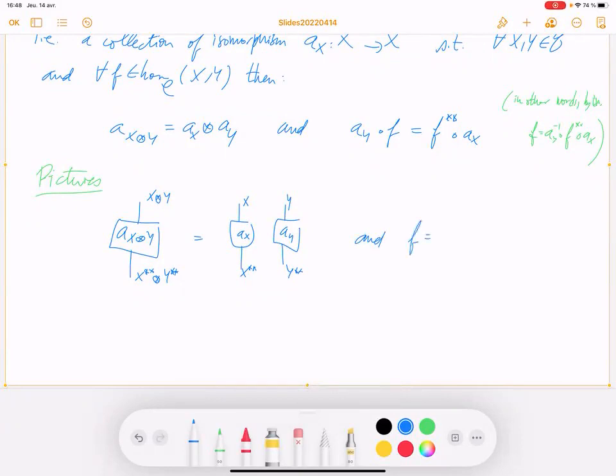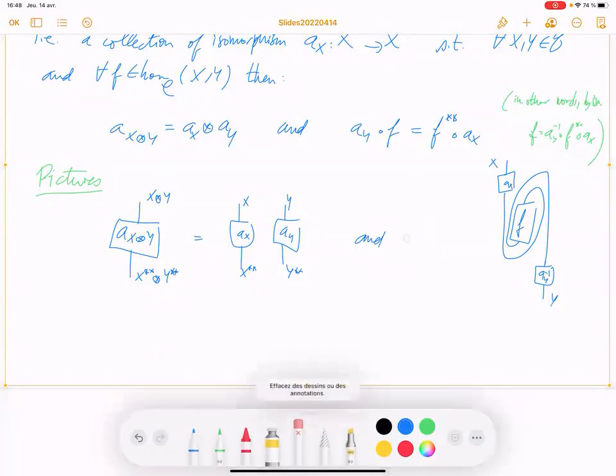F equals the double dual, so you have the double dual, and you have A_X, A_Y inverse. Here you have X, here you have Y. So pictorially, this is the picture for that.